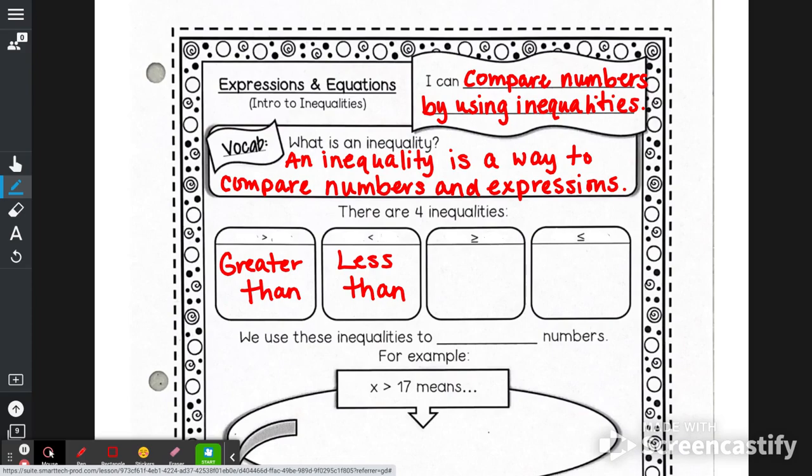No. Okay, so here is where we get to the new. So here, what do you think the arrow stands for there? Greater than. But we have a line underneath it, because we can have some values that are greater than or equal to.